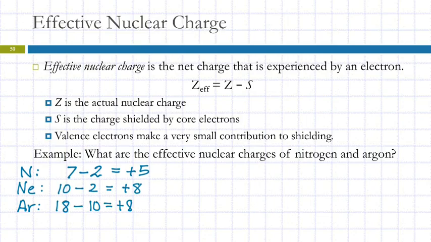Because that nucleus is more attractive, it pulls them in. As you go across a period, the effective nuclear charge increases, and the electrons that we're adding are in the same level, and so we get this tighter pull, and so as we go across, the atoms become smaller because the effective nuclear charge of the nucleus increases.